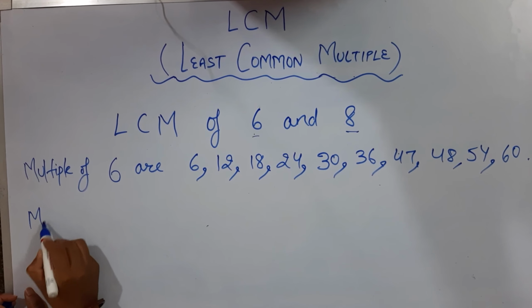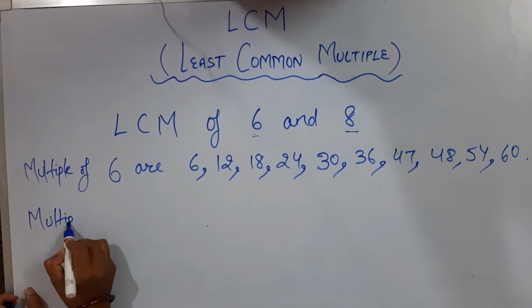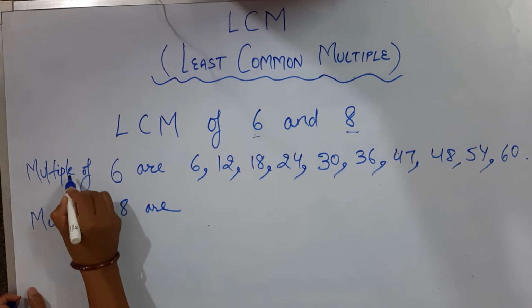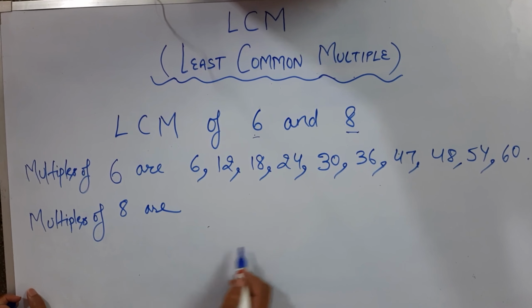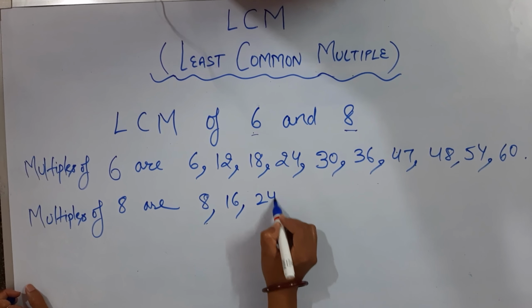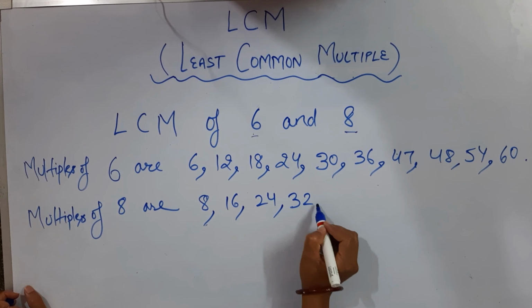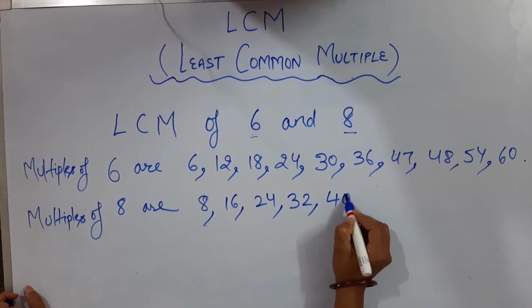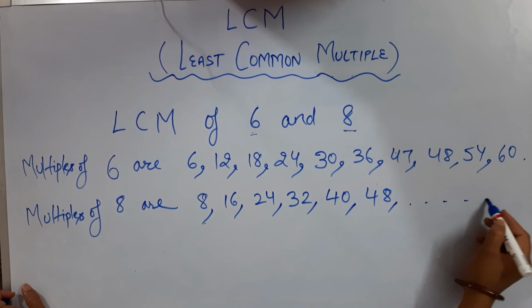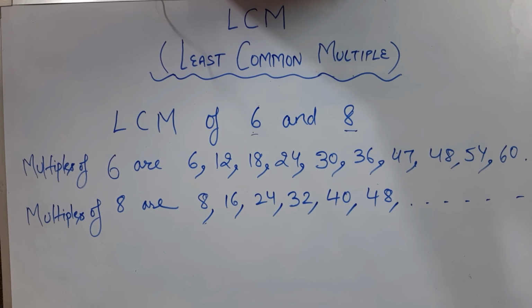Similarly, multiples of 8 are 8 1s are 8, 8 2s are 16, 8 3s are 24, 8 4s are 32, 8 5s are 40, 8 6s are 48 and so on. So many multiples we can write.